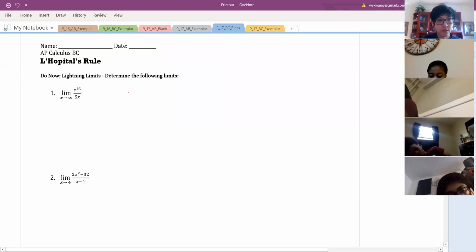I'm not sure if I'm including every single type of function here, but x to the x is more dominant than a to the x, and e to the x is the same type of thing. And then it'd be x squared, x is larger than root x, radical x is larger than natural log of x, if I remember correctly. So if you want to write that down, just refresh your memory.